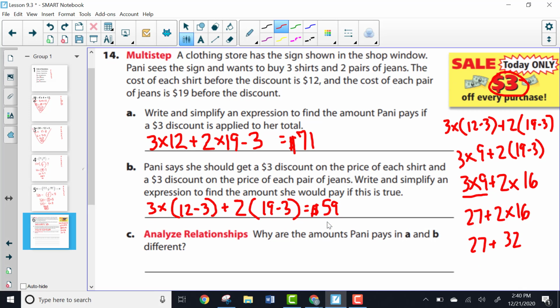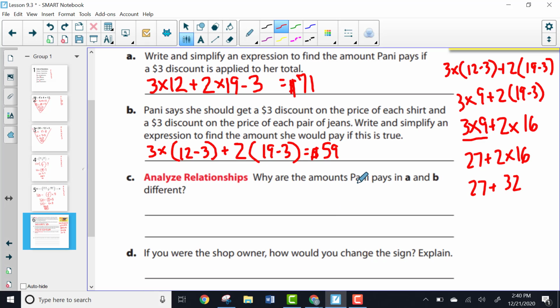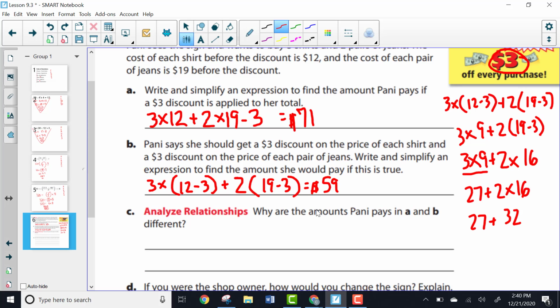Now, they're asking us, why are the amounts Penny pays in A and B different? Okay, and we can see in A, all right, there's a $3 discount for the order, $3 off per order.